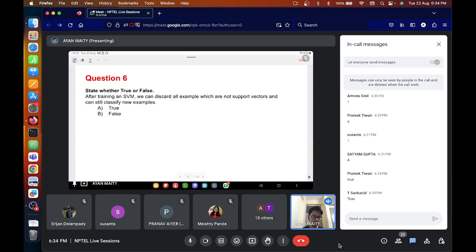Pratik says true, Sankalal is also saying true, Susanto is saying A, which is true.